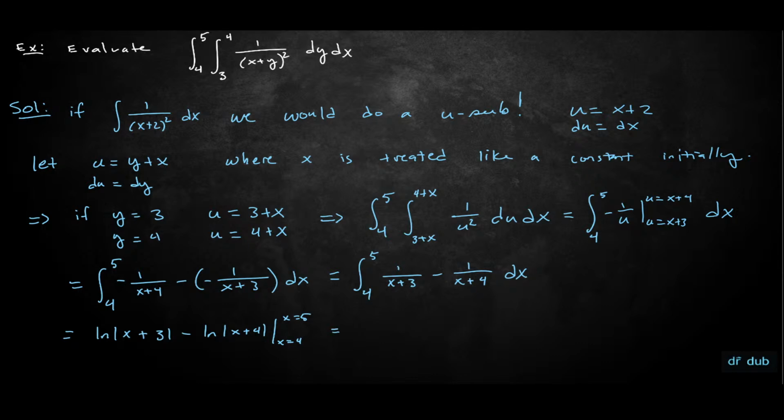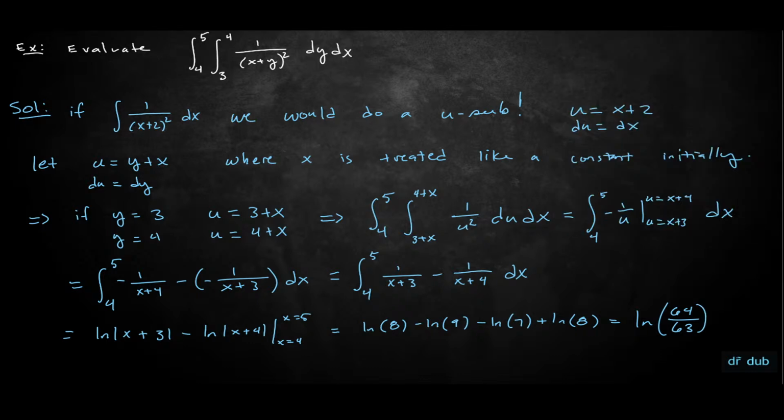So that will be natural log of 8 minus natural log of 9 minus natural log of 7 plus natural log of 8. And I believe log rules will tell us this will reduce to natural log of 64 over 63.